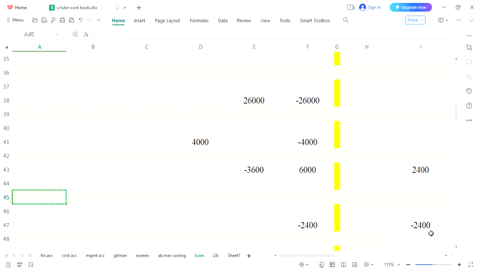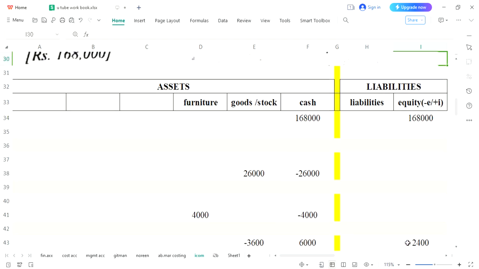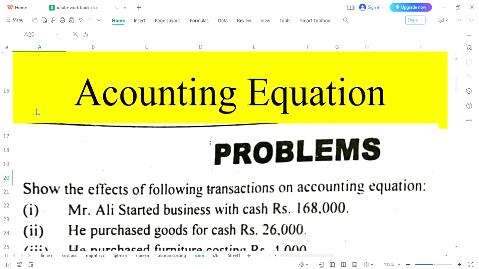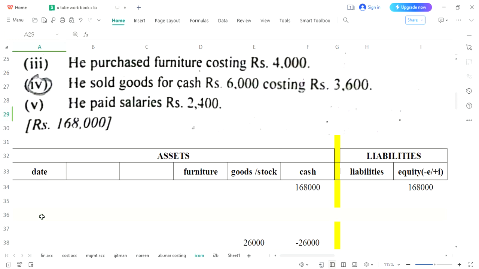Let me complete. One more cell is needed. So guys, all entries are completed. You can see that a few columns are still left. So don't bother about that. The first column would be used for date, and we have just numbers. You can see 1, 2, 3. So no date is mentioned.